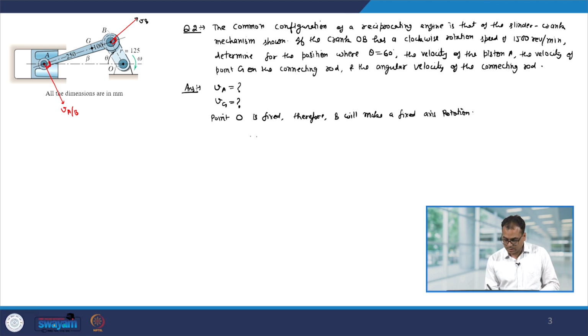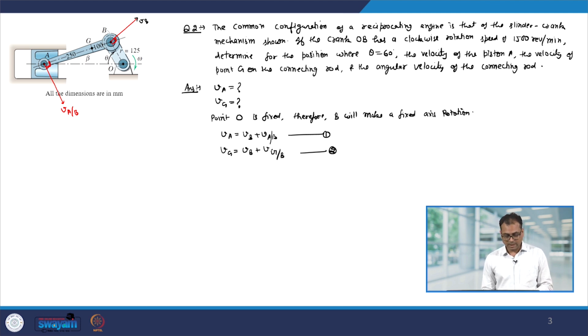Now, let us look at the velocity of point A. Velocity of point A therefore, will be the velocity of B plus VAB. Similarly, the velocity of point G will be the velocity of B plus VGB. Let me call this equation number 1 and this as equation number 2.